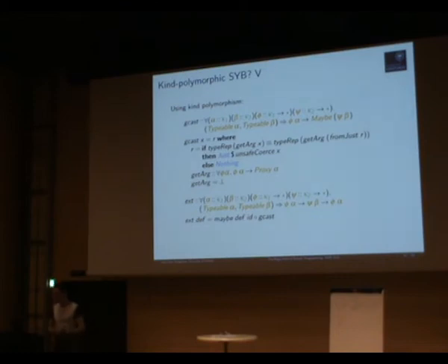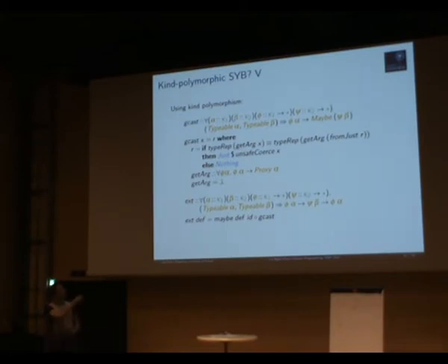It is relatively simple to define a kind polymorphic gcast. We just abstract over the kinds, over the result kinds here, and also the containers around them. And all the rest looks basically the same. You now use typeRep, the kind polymorphic function from Typelevel. This is just a trick to get the right type out.